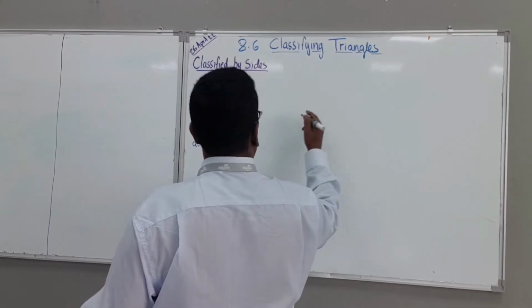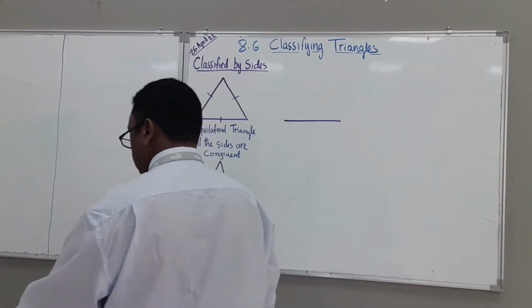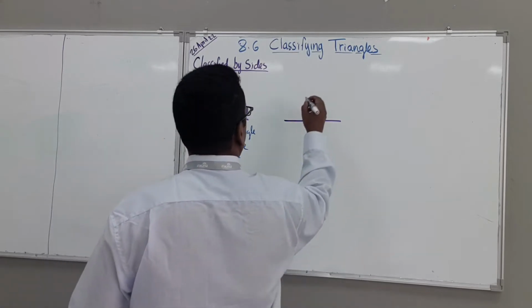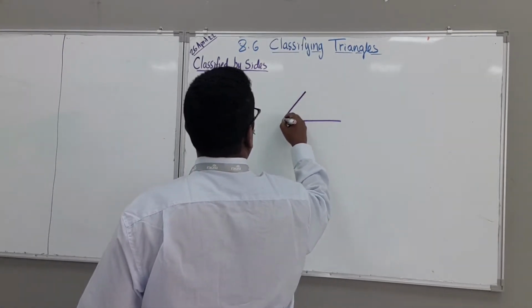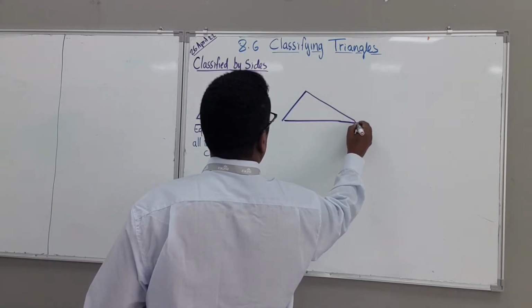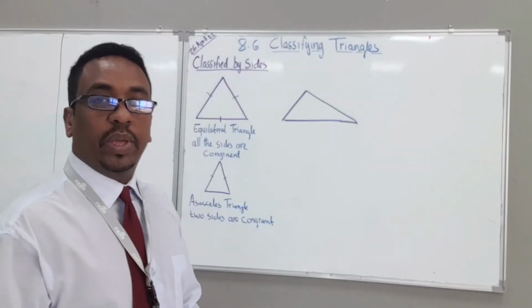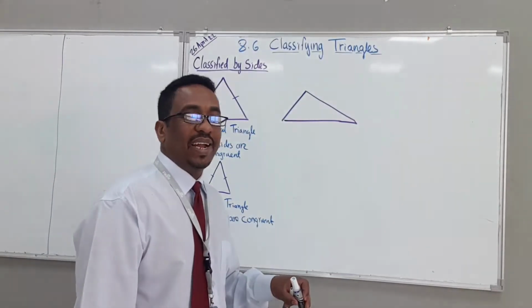So one line will go here, another line here, and another line here. When we look at this, we can see all the sides are different.